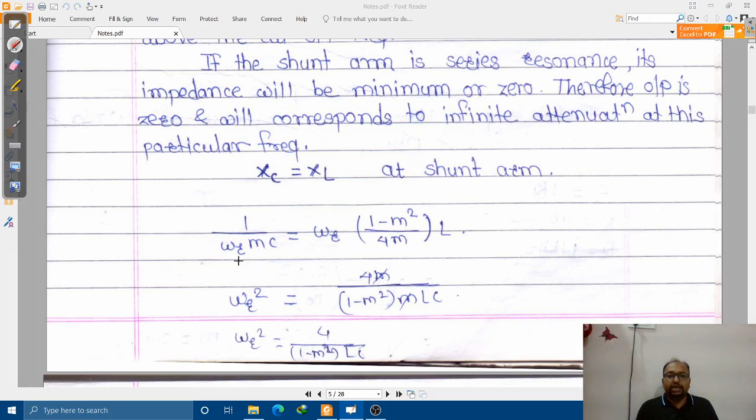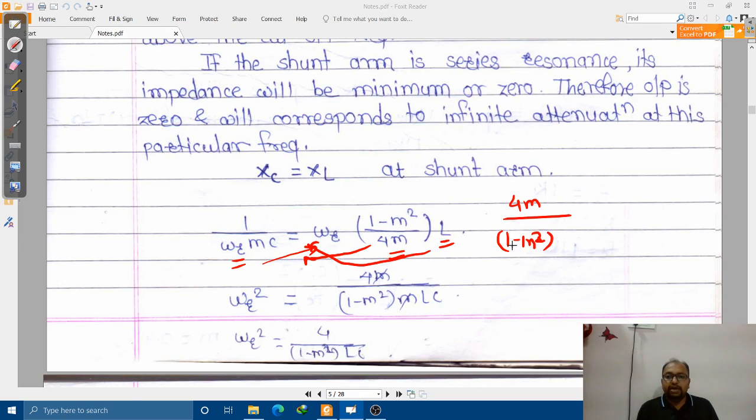So let us take omega r square on one side and all the terms related to m on the other side. Omega r we have transferred to this side. Now this is representing 4m. Once I transfer it to the left hand side, this goes into the numerator, this L will be in the denominator, and this (1 minus m square) will also be in the denominator.